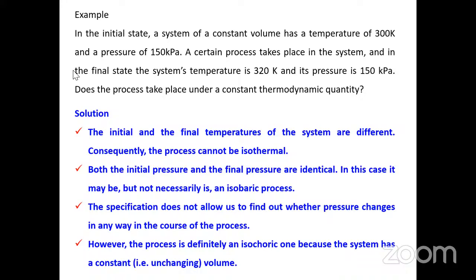A certain process takes place in the system, and in the final state, the system temperature changes to 320 Kelvin, and its pressure is 150 kilopascals. So now, does the process take place under a constant thermodynamic quantity? If you say yes, what thermodynamic quantity?